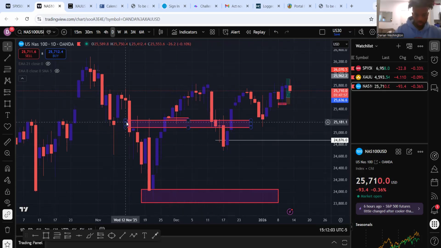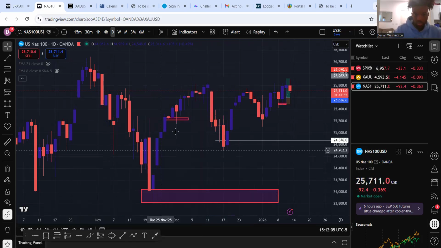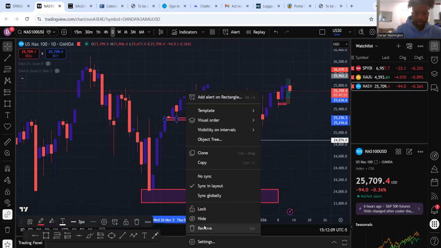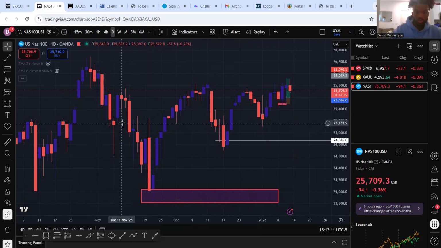So if I go ahead and remove this, I don't know why that's there. Remove that. Once we broke above here, now we have an overall bullish sentiment. Now these, like I said, these small little one candles of pullback, I don't count these. Whoever ends up watching this video, you can.